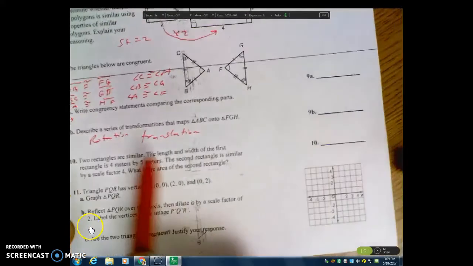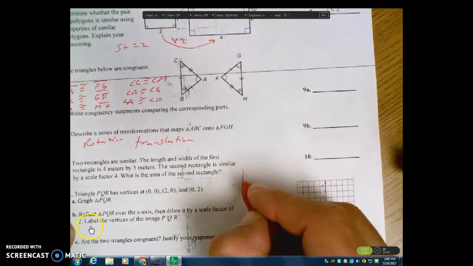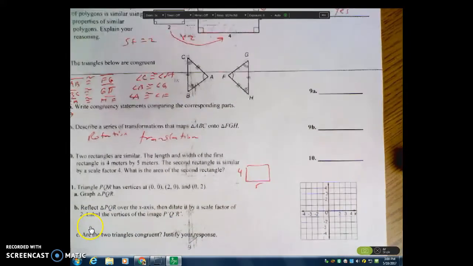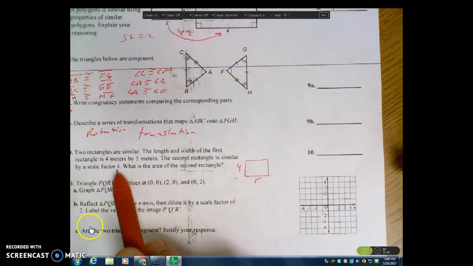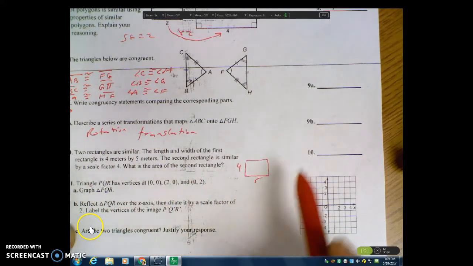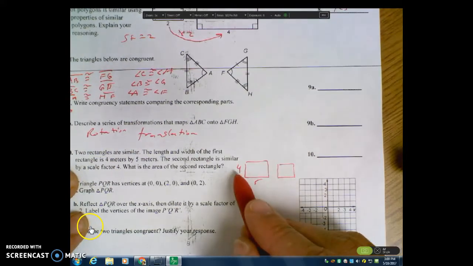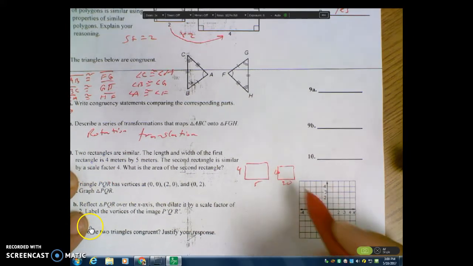All right. 2 rectangles are similar. The length and width of the first rectangle is 4 by 5 meters. So I'm going to draw it. I always like to do that. 4 by 5. Okay. The second rectangle is similar by a scale factor of 4. What's the area of the second? There's a couple ways to do this. You could, in theory, do 4 times 4 is 16 and 5 times 4 is 20, and then just do 16 times 20.